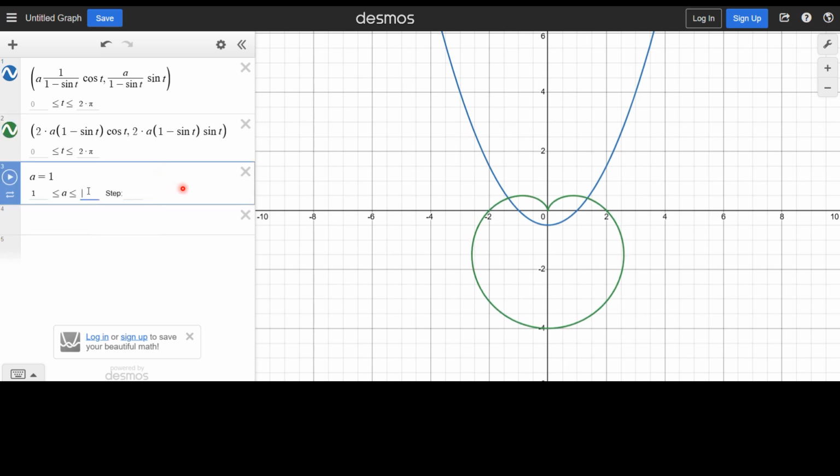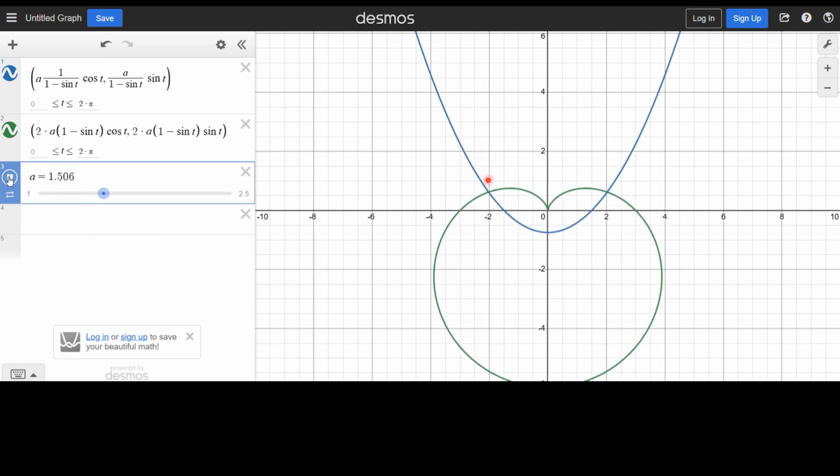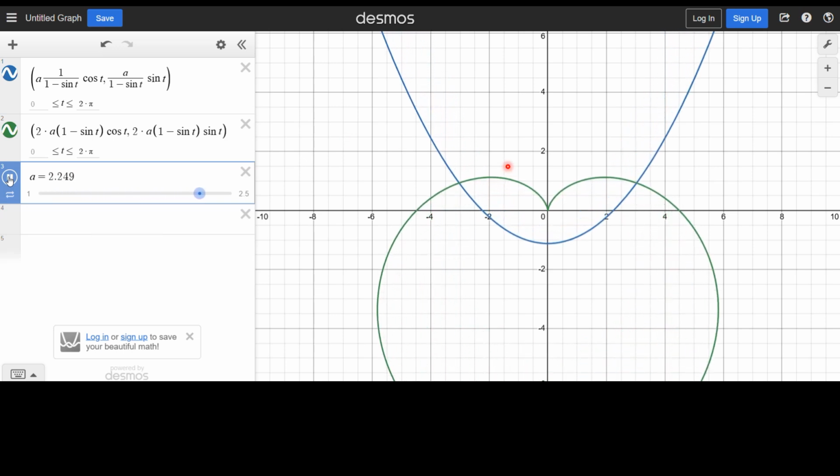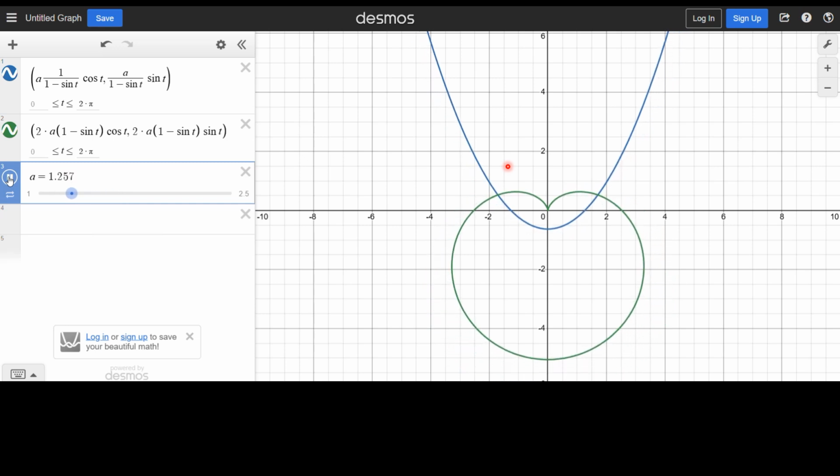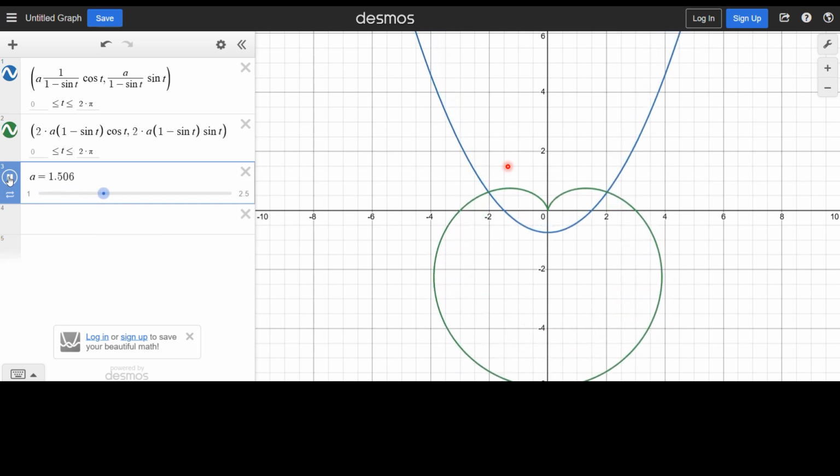So that now we can just allow it to play, and we see it vary. So let's play. So you can see it increases both the parabola and the cardioid in size.